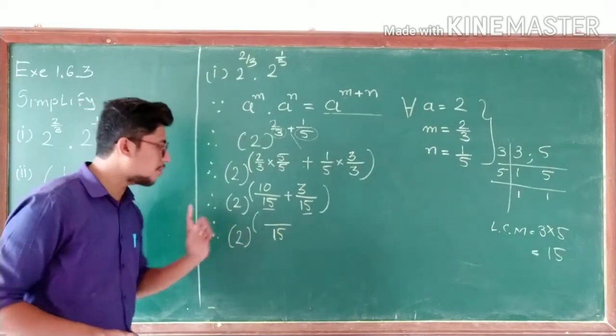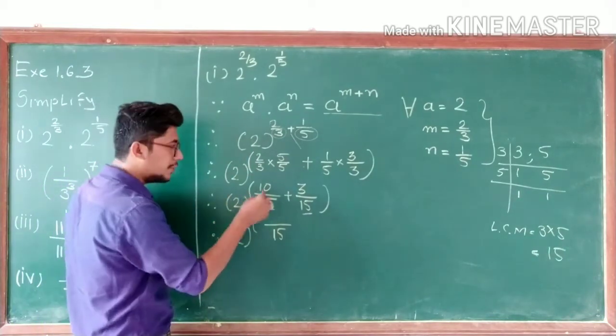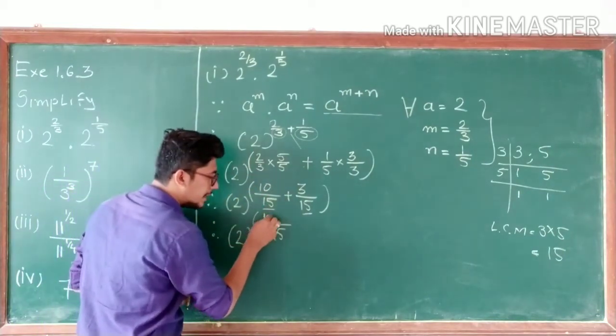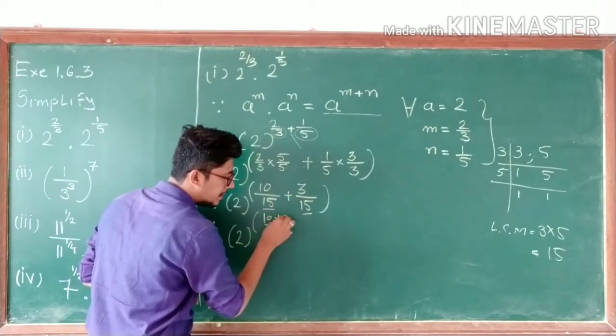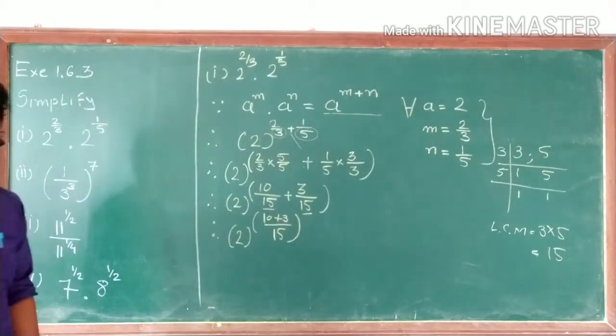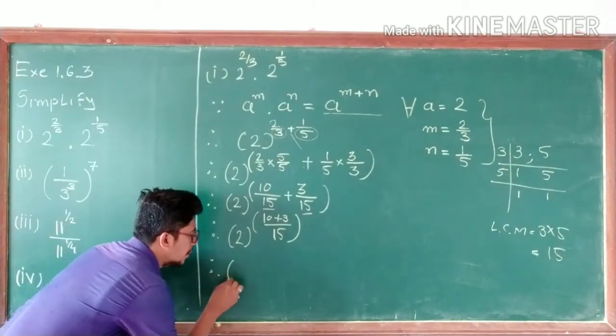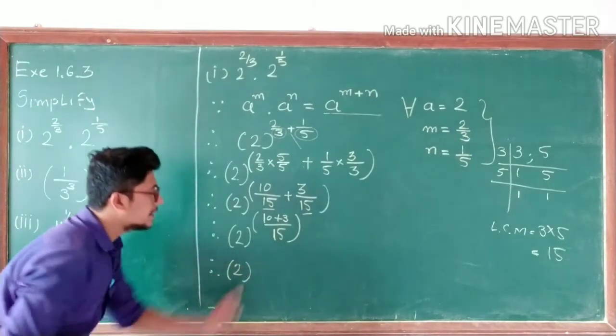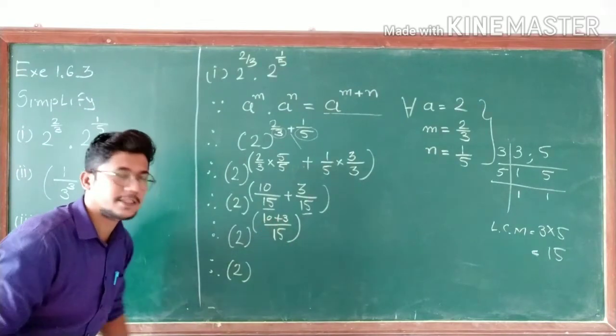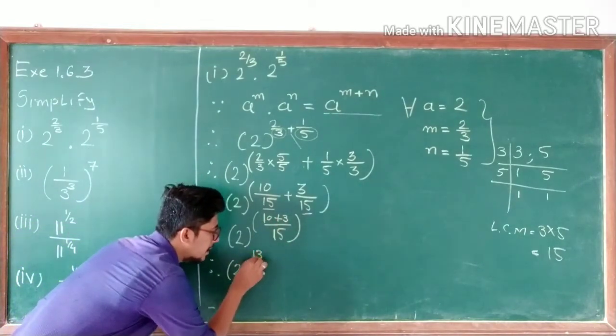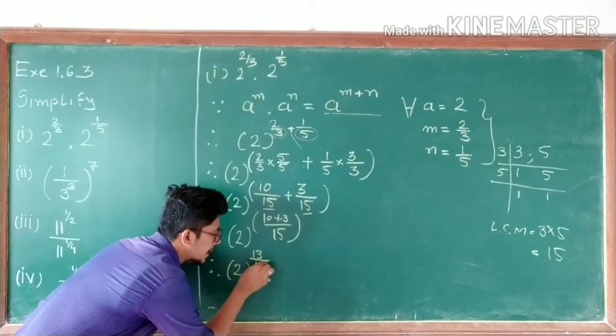And above in the numerator, 10 plus 3. Okay, now, so therefore 2 is as it is in the numerator, 10 plus 3, that is 13 upon 15.